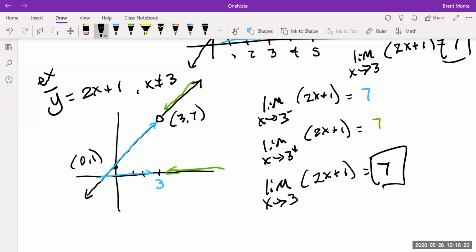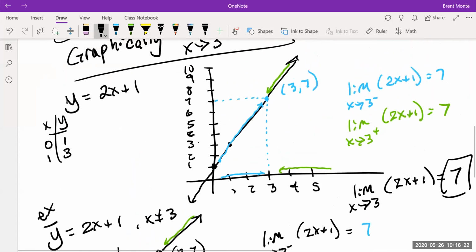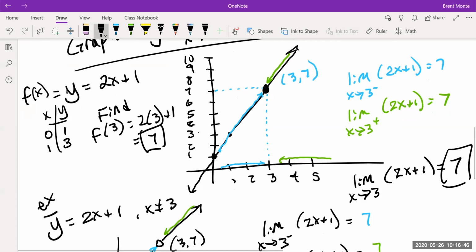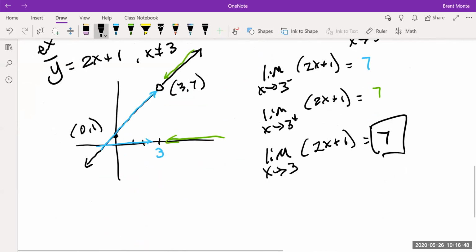Notice if I went up here and I said, say we called this f of x, and I said find f of 3, I would just plug that in. 2 times 3 plus 1, that's 7. And I see on the graph, yeah, that's the point. When x is 3, y is 7. But down here, that point doesn't exist.